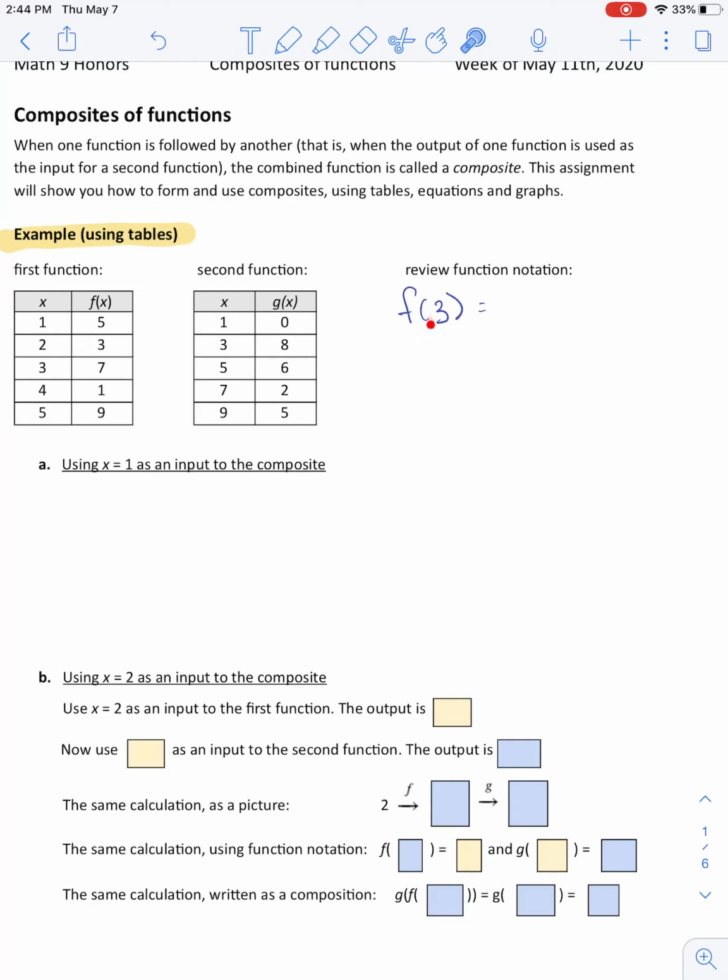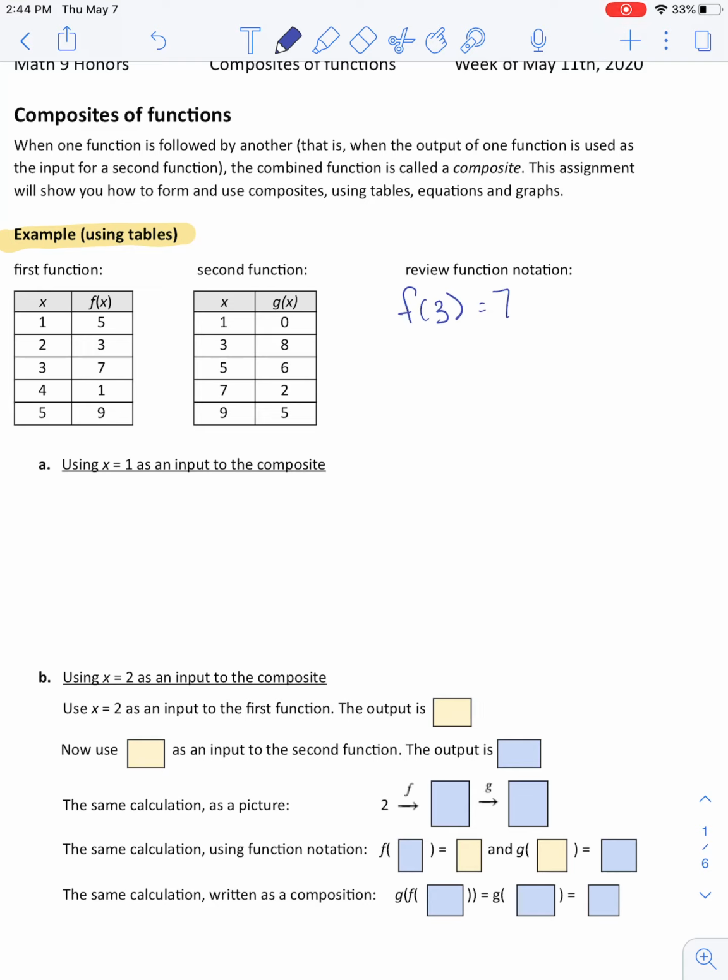So remember, this 3 is your input. So when we come over here and look at the inputs, we look for 3 and we look over here to see that our output is 7. So that means f of 3 is equal to 7.